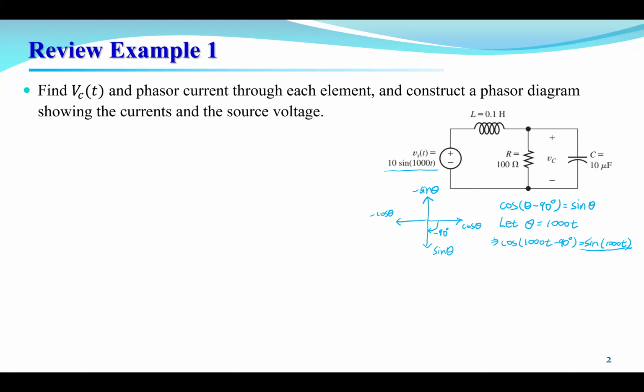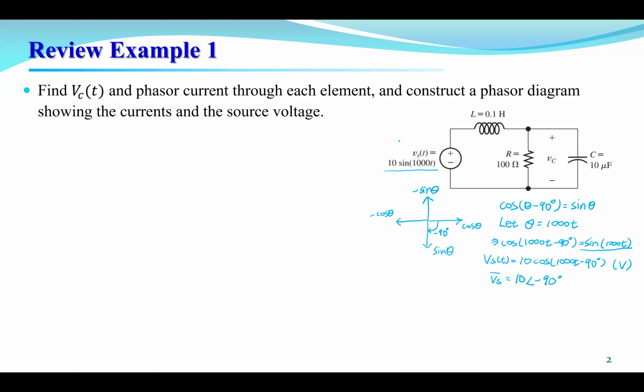So we convert sine 1000t to cosine of 1000t minus 90 degrees, which is our vS(t), which means vS(t) is 10 times cosine of 1000t minus 90 degrees, and the unit is volt. So VS, the phasor of the voltage source, is 10, its amplitude, and the angle is minus 90 degrees.